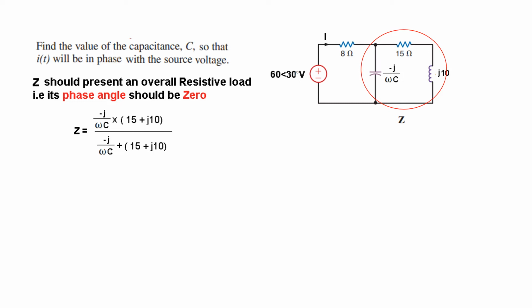Now let's write this Z. You can see 15 plus J10 in parallel with the circuit. So solving. I hope you know how to write this equation for two parallel arms.